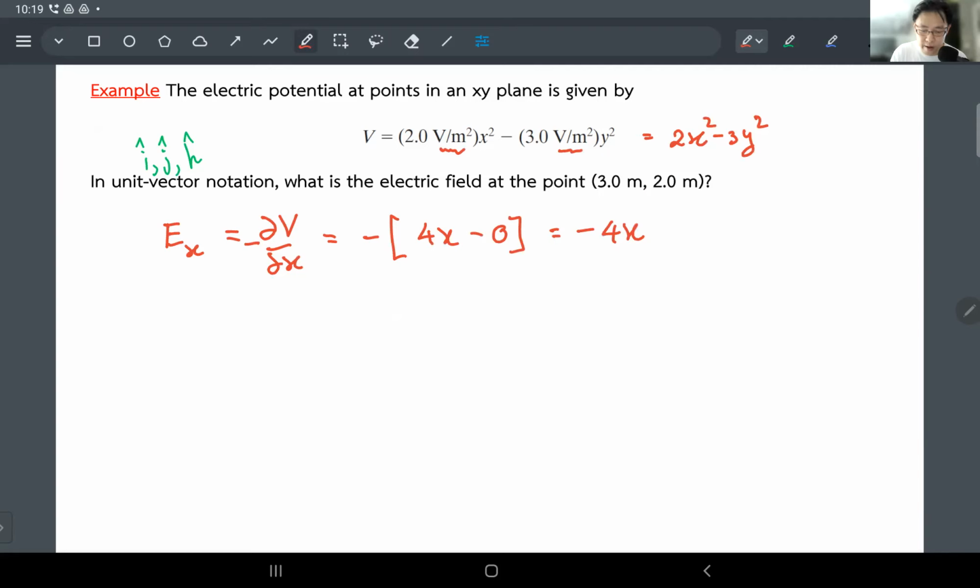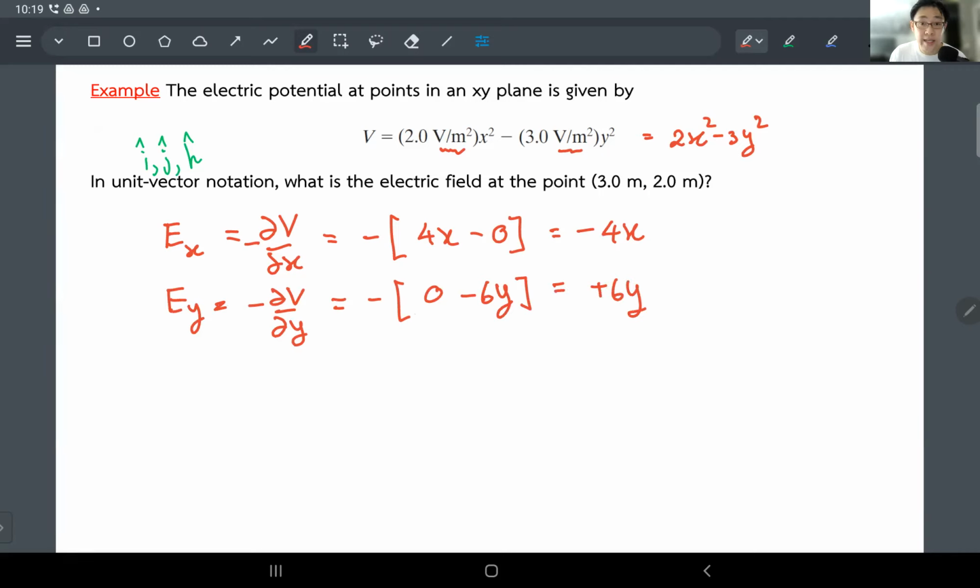That's the x component of the electric field. The y component, same thing: negative dV by dy. The first derivative gives you 0 because x is just a number. And now you get negative 6y from the second term, and that is positive 6y.